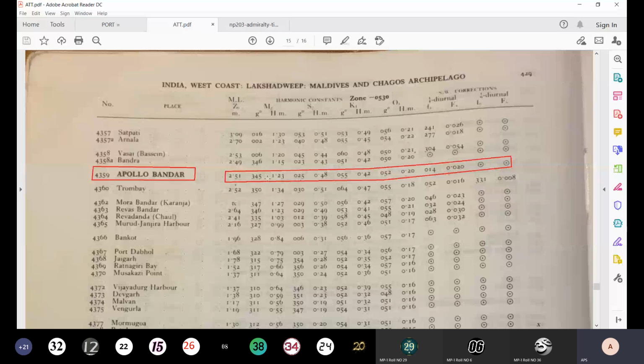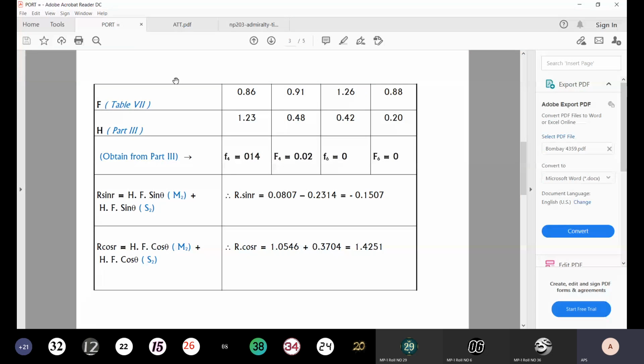So capital H, you start writing as 1.23, 0.48, 0.42 and 0.20. This is what you should get for capital H under part 3.